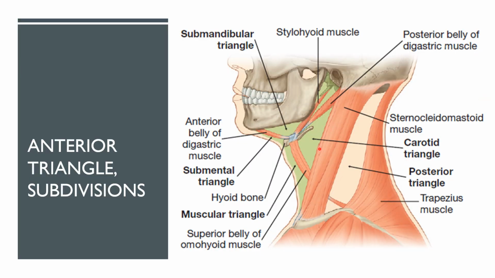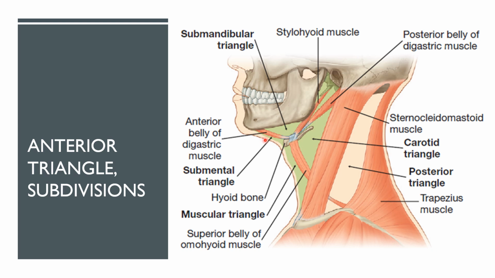Okay, now let us focus to study the anterior triangle of the neck. Anterior triangle of the neck, as we described earlier, lies between the sternocleidomastoid muscle, midline, and the mandible. It is further divided into other four subtriangles.